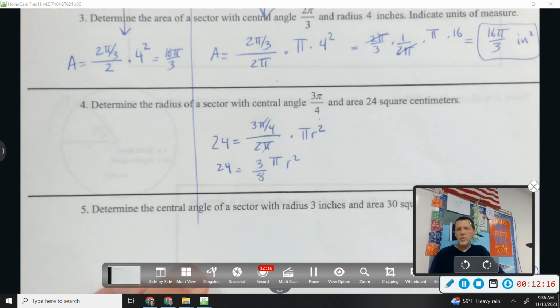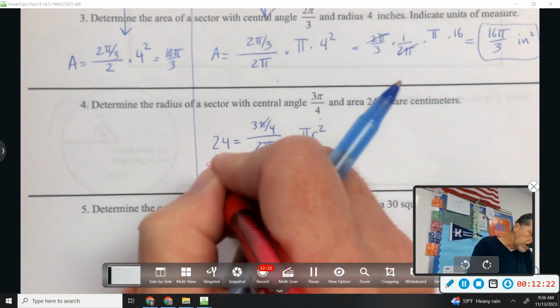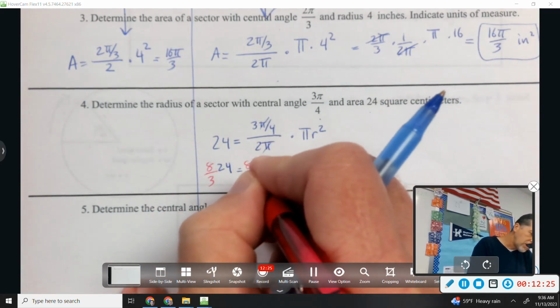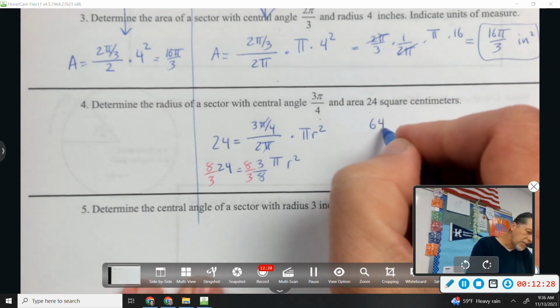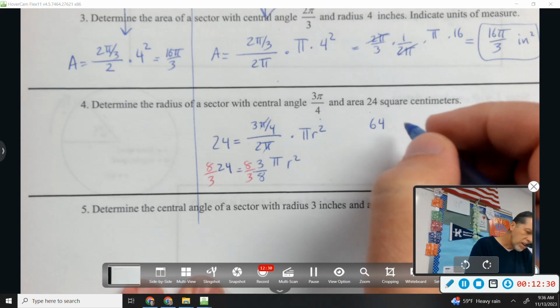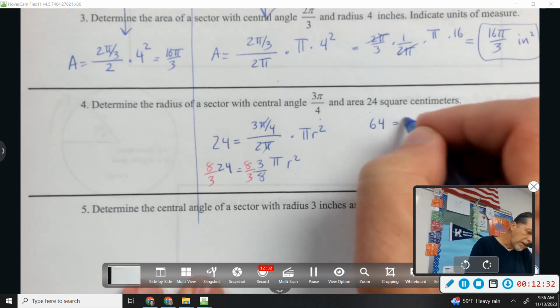Either keep it, change it, flip it, or know that the 4 and the 2 multiply. Multiply by 8/3. So that would be 64 equals pi r squared.